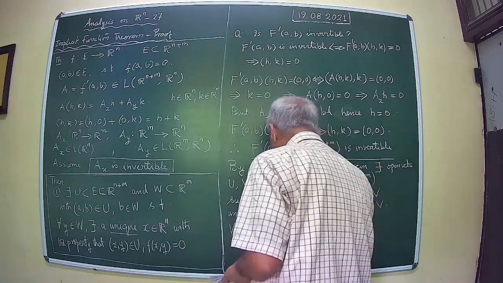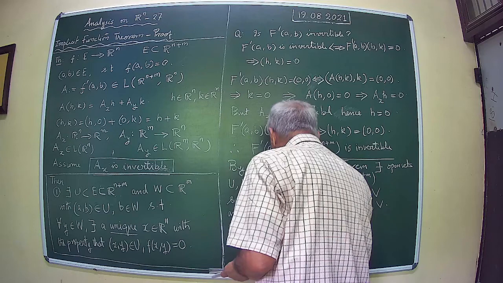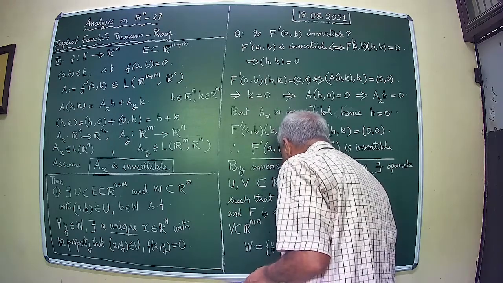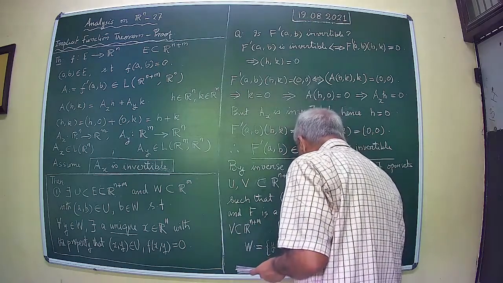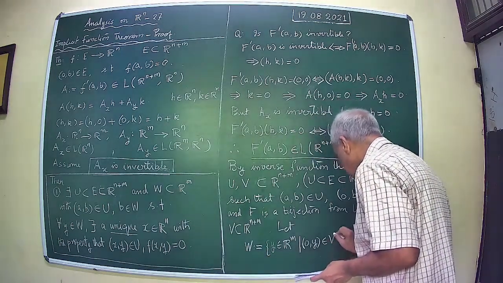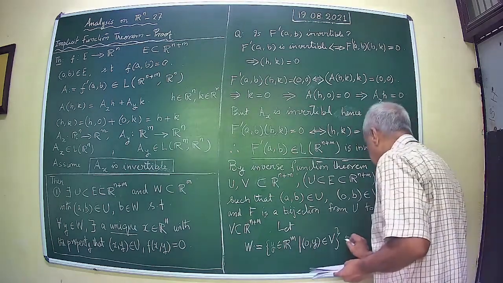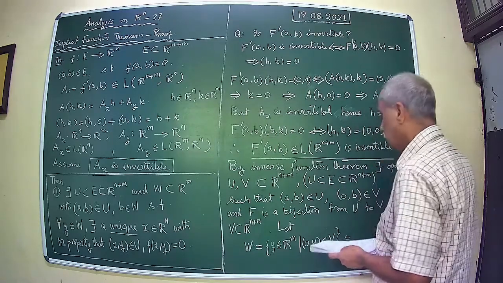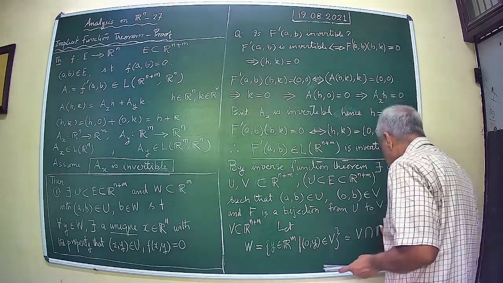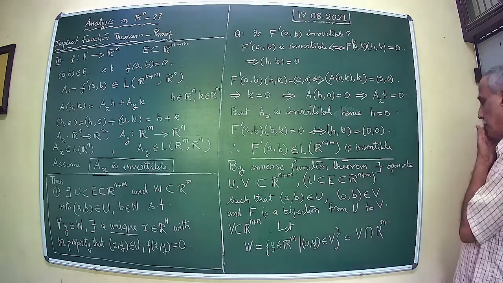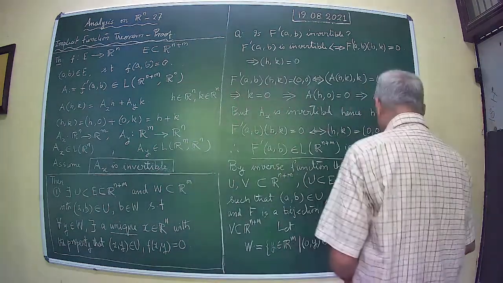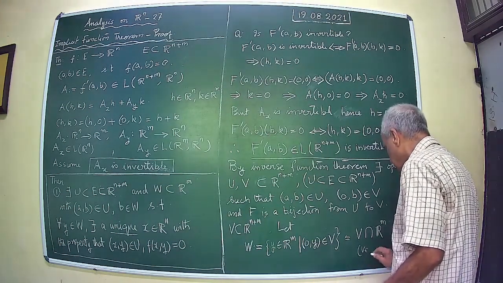So let W be defined as the set of all Y belonging to Rm such that, and this is essentially the intersection of, okay, this is equal to V intersection Rm, whereas Rm is considered as a subset of, so V is contained in.